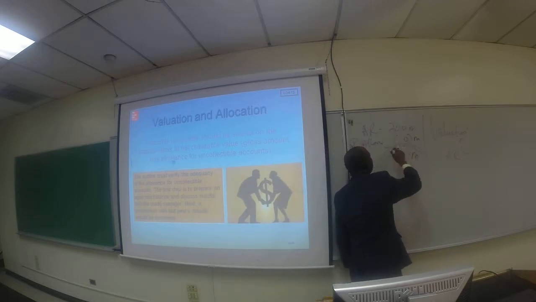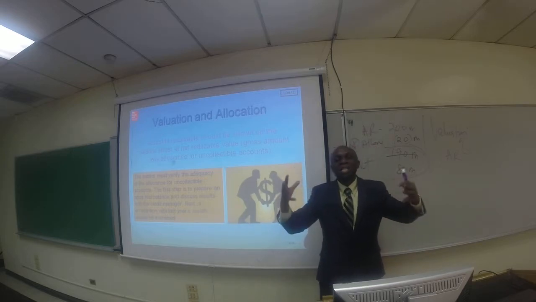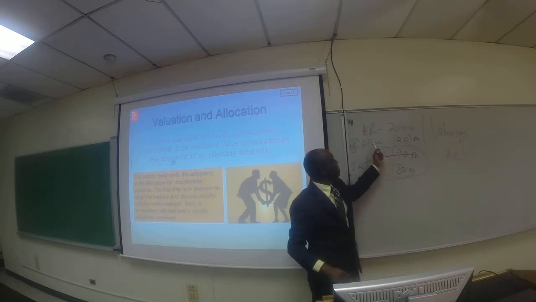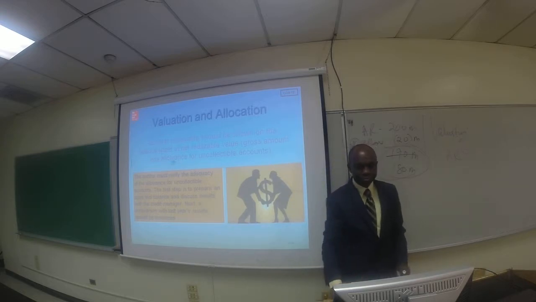If the provision for bad debt or uncollectible accounts should actually be 20 and not 10, then the accounts receivable should be $180 million. So this is a valuation issue. Why is it a valuation issue? Because the allowance for uncollectible accounts is an estimate. So the bottom line is also an estimate.